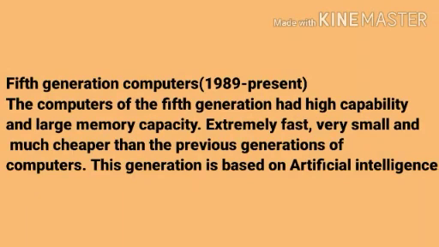The computers of the fifth generation have high capability and large memory capacity, and are extremely fast, very small, and much cheaper than the previous generations. This generation is based on artificial intelligence, for example robots and nano computers. The personal computer that we use today belongs to the fifth generation of computers.